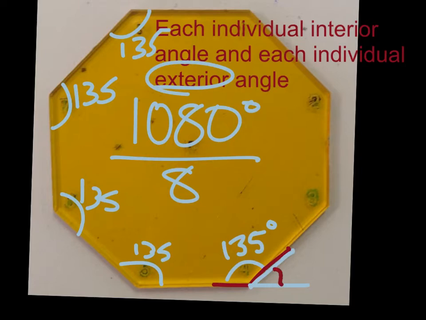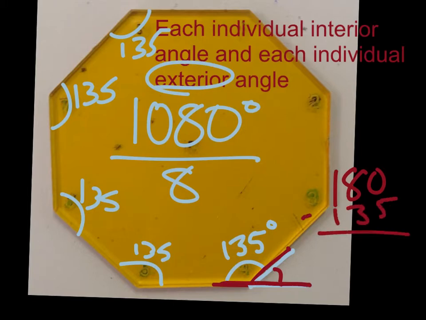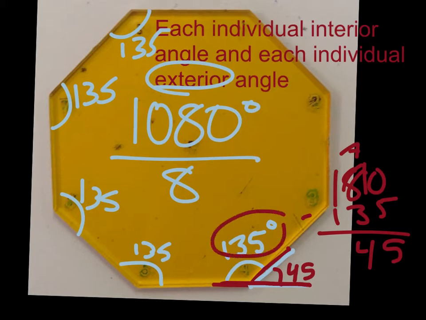So now I'm looking for the supplementary angle of 135. I know that 180 degrees forms this straight line, and 180 minus 135 will give me each exterior angle. This is equal to 45, and now I've solved for every interior angle.